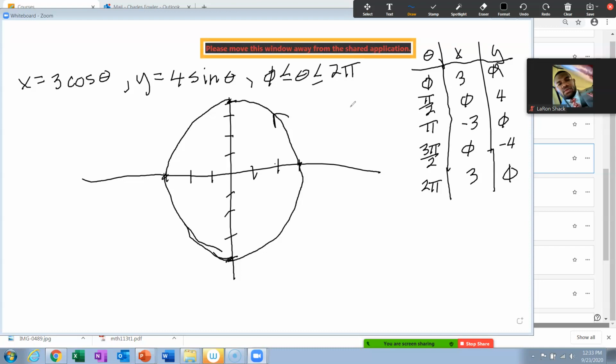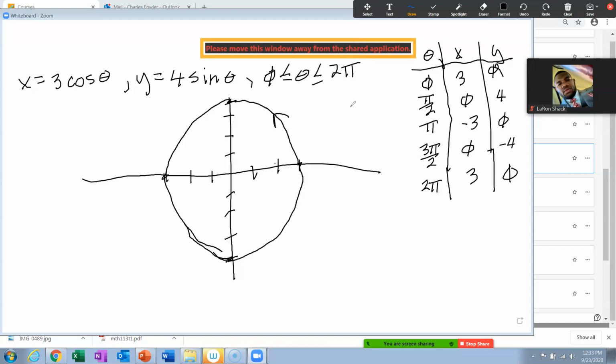So let's do what they're suggesting, which is sketching it by eliminating. Now this is not going to be super easy to eliminate like it is with an XY form. It's easy enough, but it's just not quite as good as, say, polynomials or especially linear functions and things like that. So how can we eliminate the parameter?